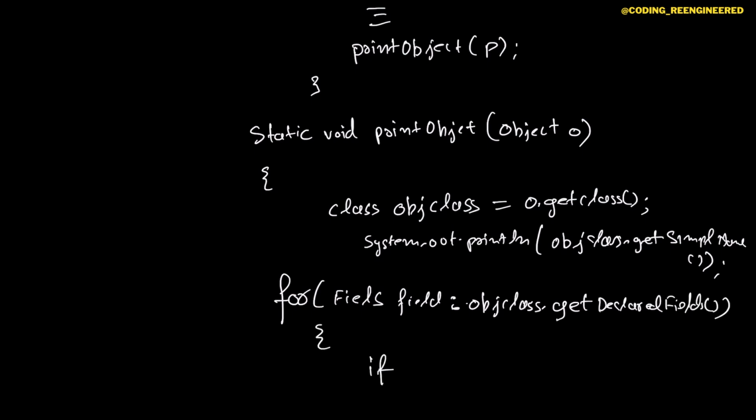You can iterate over this. If it says field.getType(), this method is responsible for returning the type of the parameter that is defined within the class, which is equal to integer, so int.class.